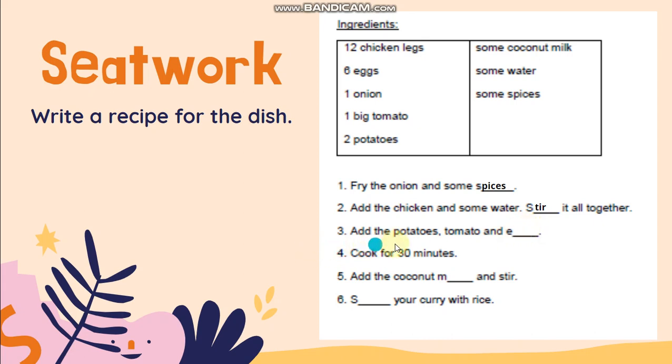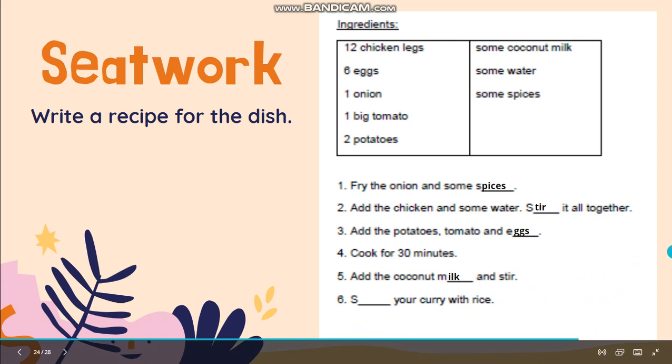Number 3, add the potatoes, tomato, and eggs. Yes. Number 4, cook for 30 minutes. And number 5, add the coconut milk. Yes, and stir. Finally, serve your curry with rice.